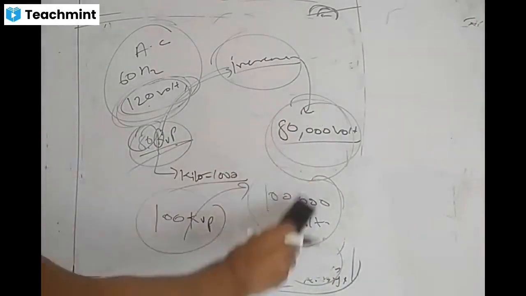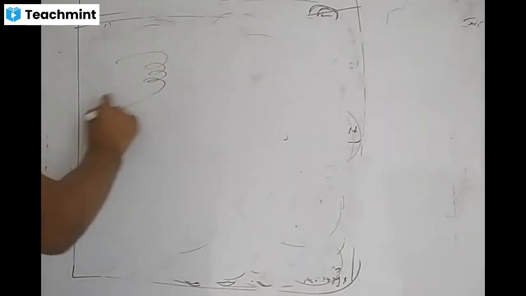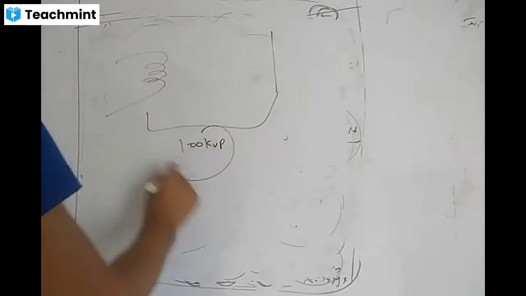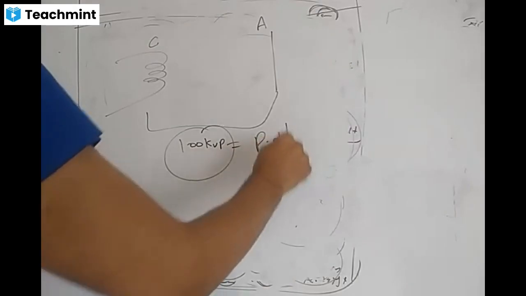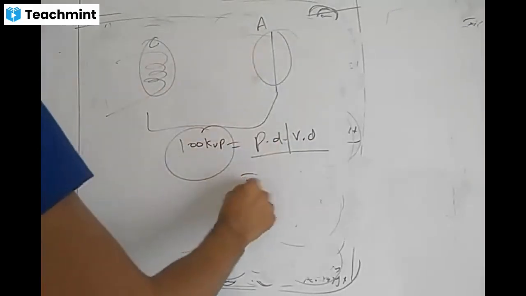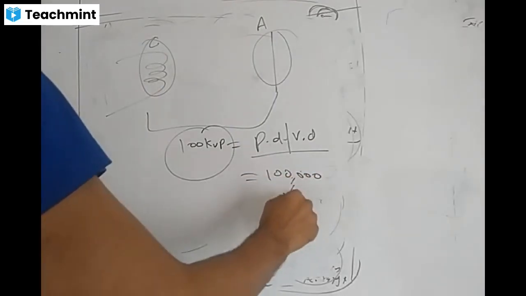Then what is the meaning of this 80,000 and 1 lakh? Increasing the volt to this much level. This is our filament and this is the anode. Applying 100 kVp in between cathode and anode means the potential difference, voltage difference between cathode and anode is 1 lakh volt.